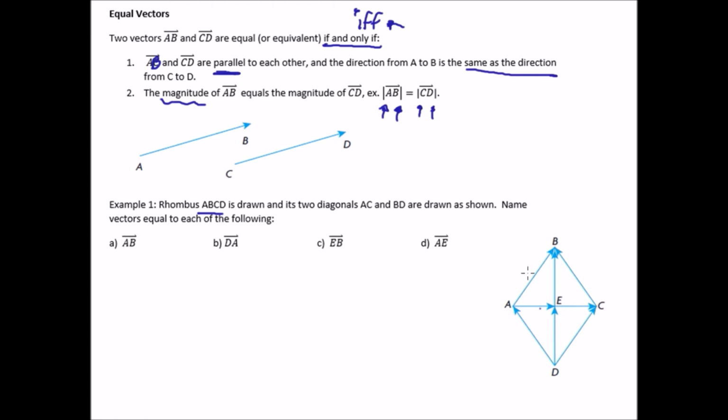So what vector is equal to AB? So AB is here, okay? I get DC is also, so DC. Okay, those two are going to be equivalent or equal. They're the same length and they're the same direction. Okay, DA, well that's easy. We can do BC.